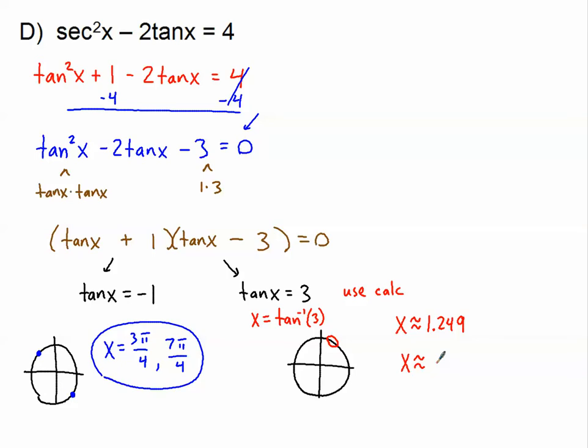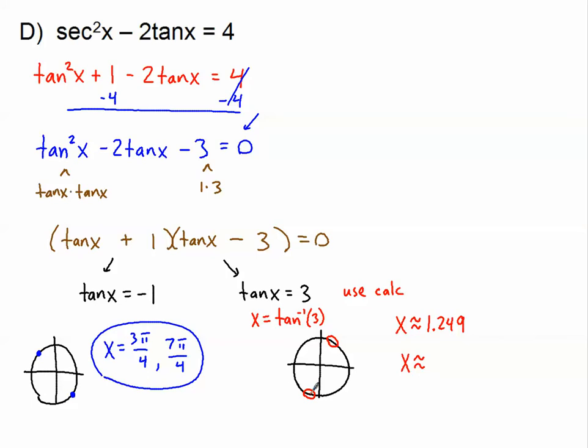Because if the tangent equals 3 at this angle, this 1.249, there is another angle on the unit circle where it will also equal that. And I do know if the tangent is positive 3 here, then exactly 180 degrees away, there should be another angle where the tangent is equal to 3.